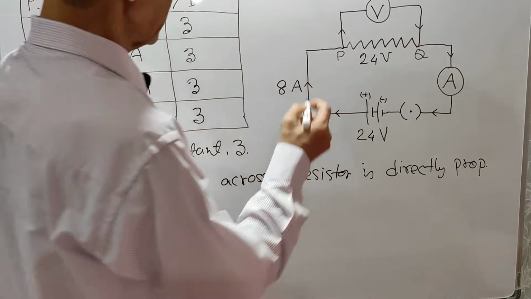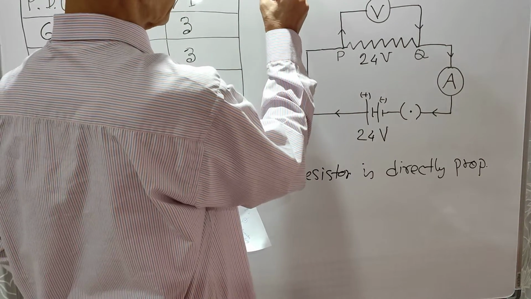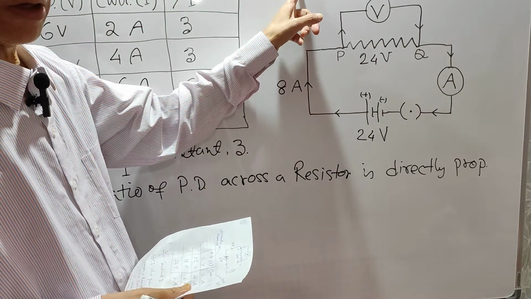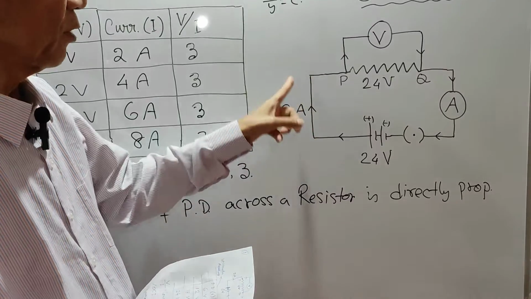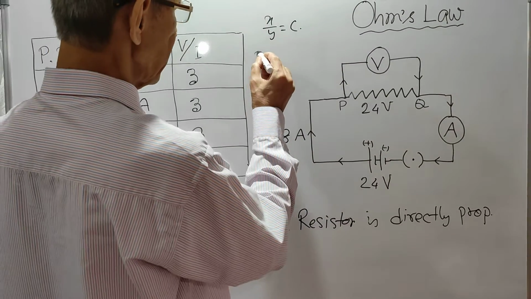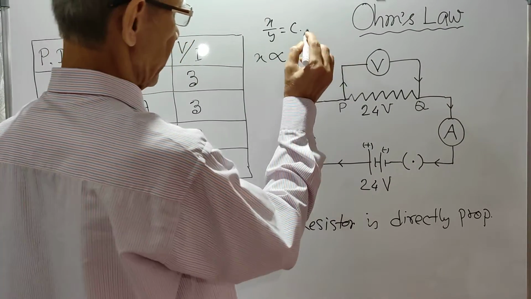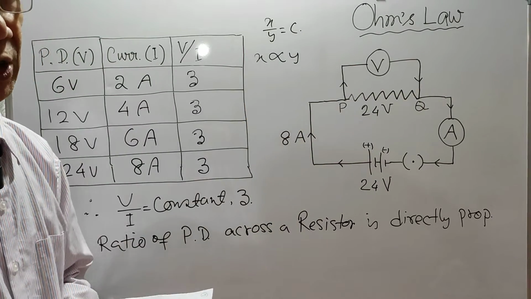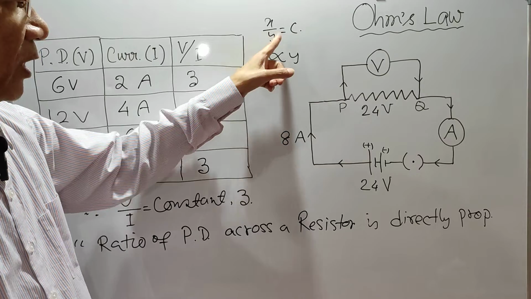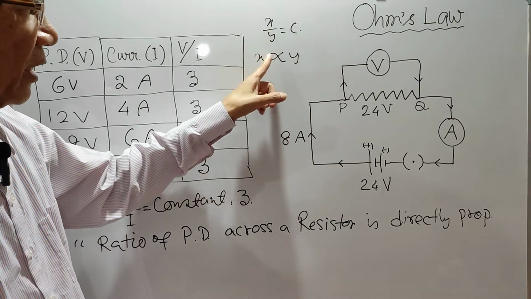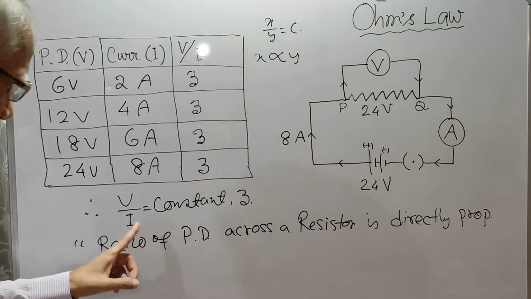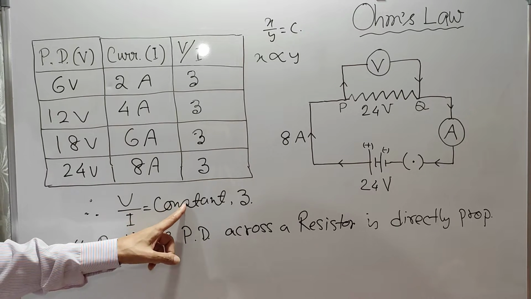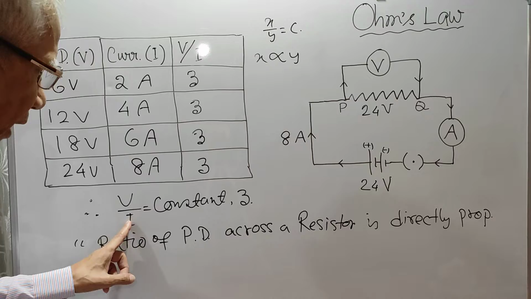That means if x by y is constant, then x is directly proportional to y. Now we find here V by I is constant, therefore V is directly proportional to I.